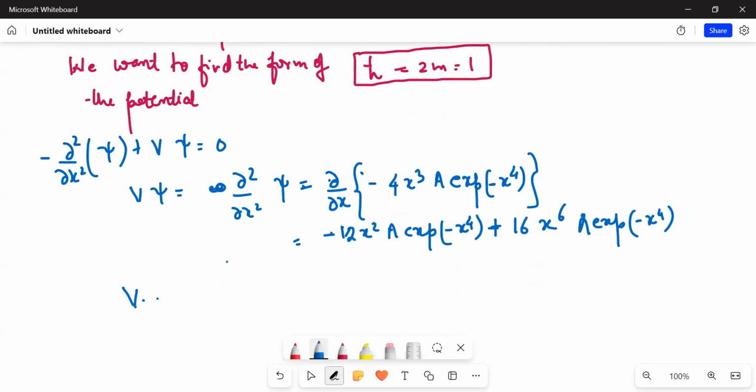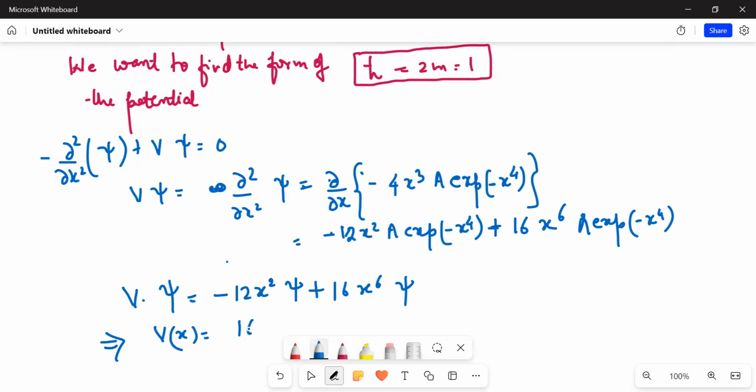So V times psi is simply equal to minus 12 x squared times psi plus 16 x to the power 6 times psi. So from here, the form of the potential V(x) is quite evident: it is 16x to the power 6 minus 12x squared.